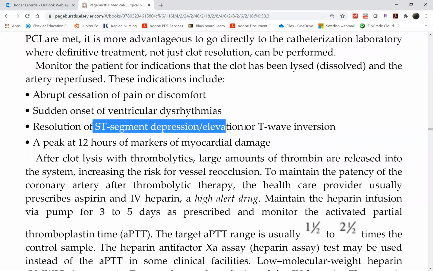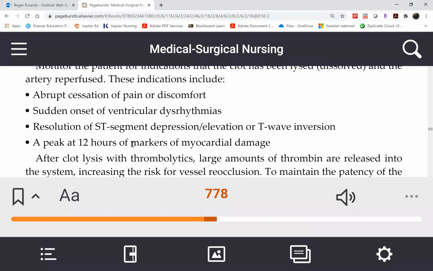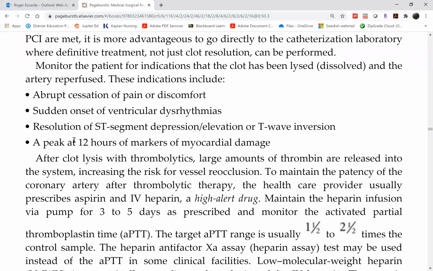The ST depression or T wave changes will of course be resolved if we were successful in getting to them within 90 minutes, within the 4 to 6 hours, so that will also resolve. And instead of 24 hours, your biomarkers will peak earlier. Does that make sense?